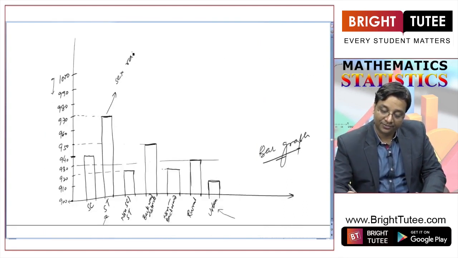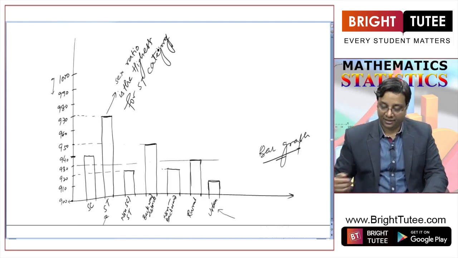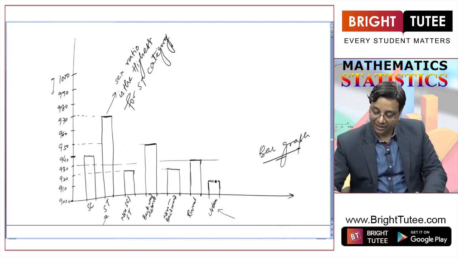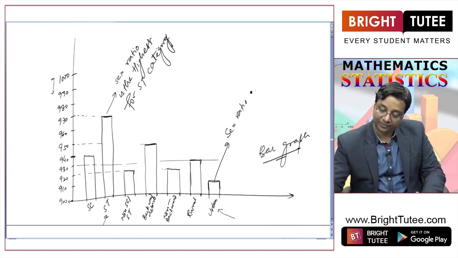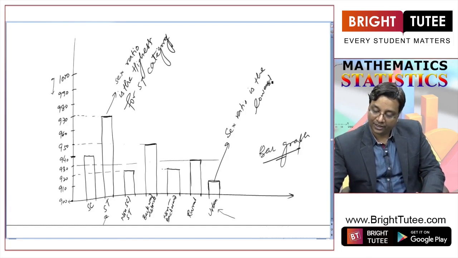So sex ratio is the highest for the ST category, right? Another observation that you can make is that the sex ratio is the lowest in the urban section, right?